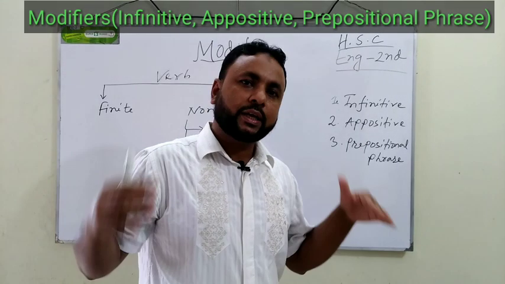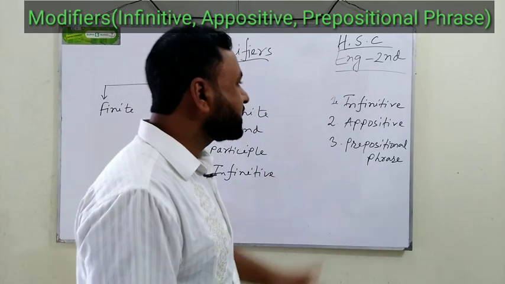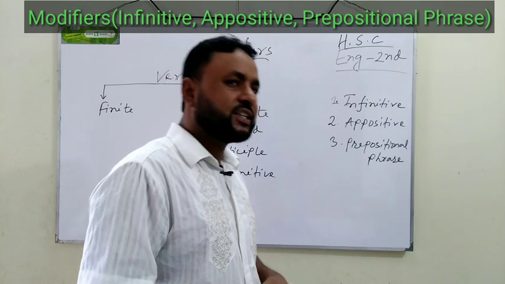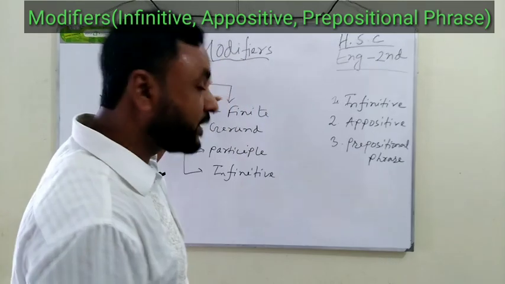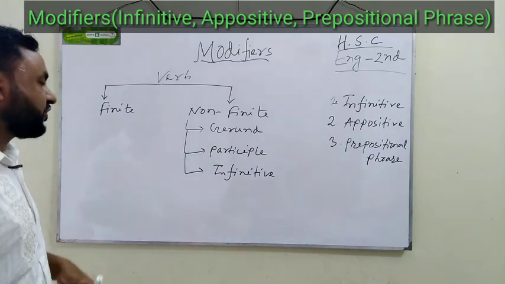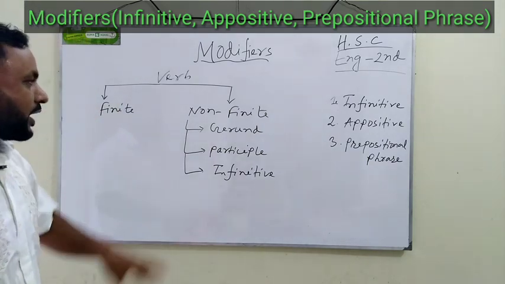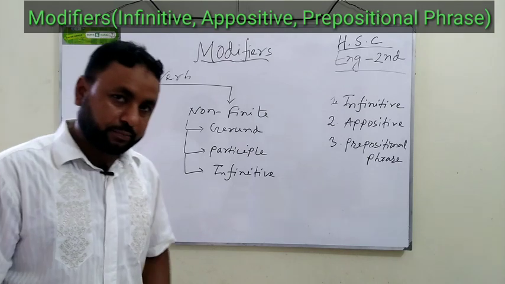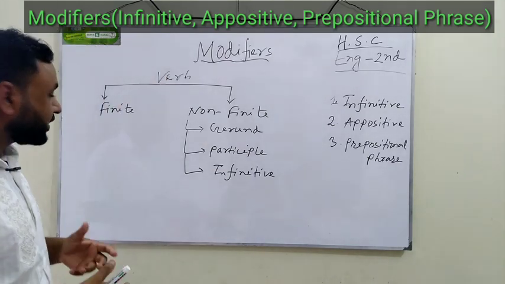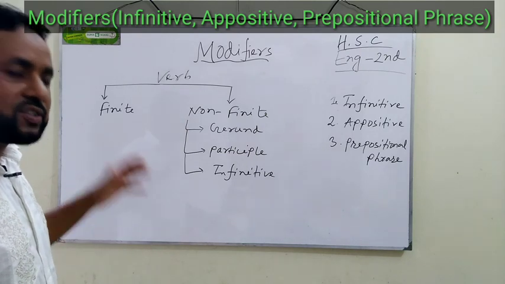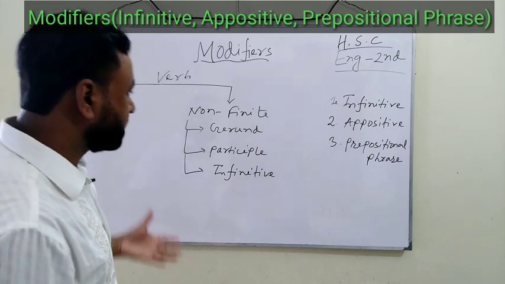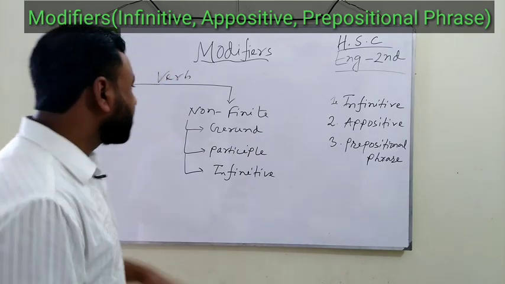First of all, can you tell me where the infinitive has come from? I think the infinitive has come from the verb, and we can identify verbs as two kinds: finite verb and non-finite verb. A finite verb changes according to the subject and tense, but non-finite verbs do not change according to the subject or tense.